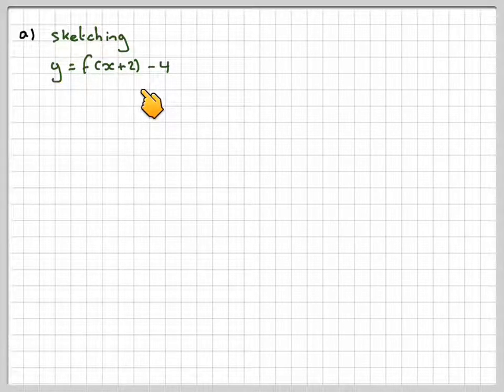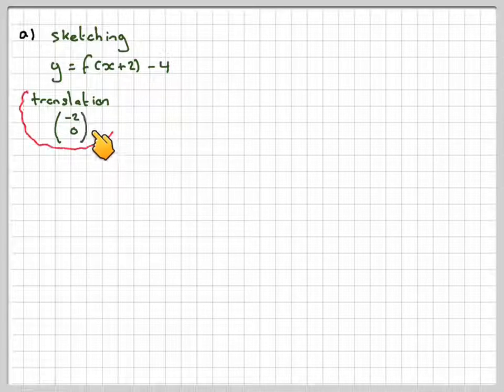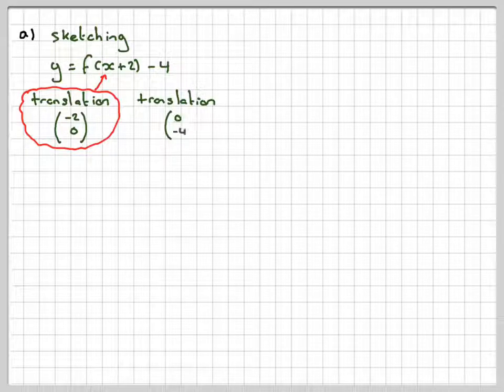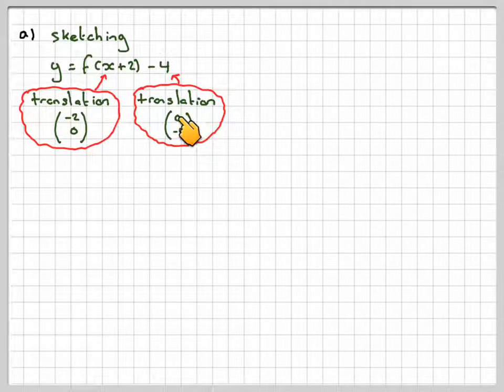So, if we sketch the graph of y is equal to f of x plus 2 minus 4, the x plus 2 bit means that's a horizontal translation minus 2, 0, 2 units to the left. And the minus 4 is a translation downwards, translation 0, minus 4.